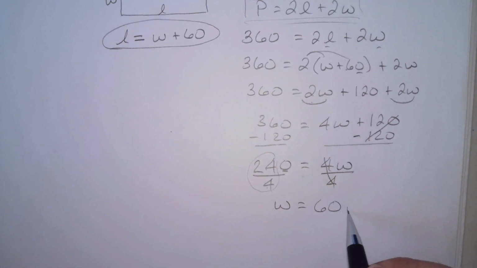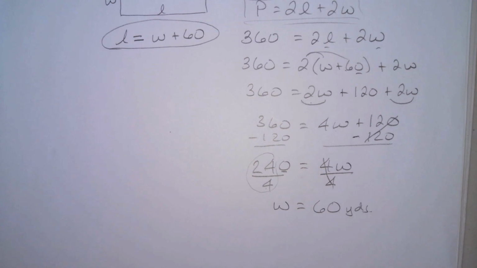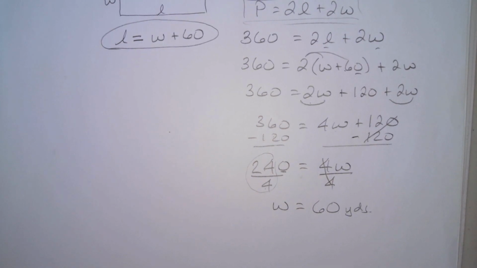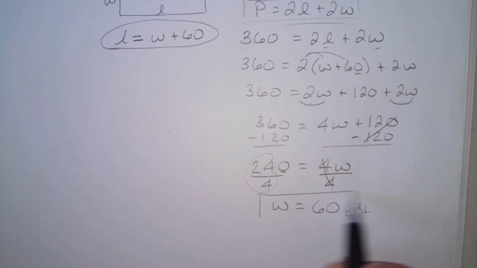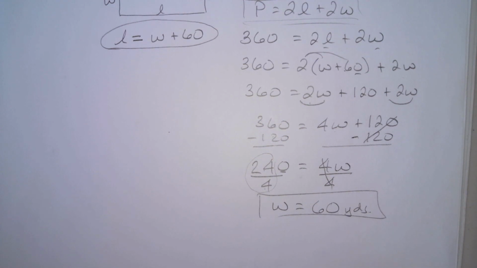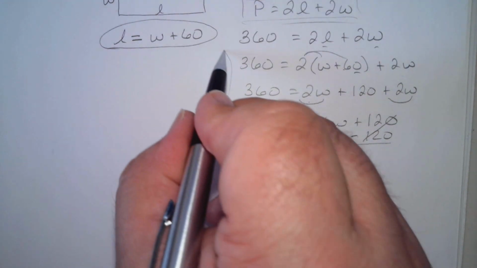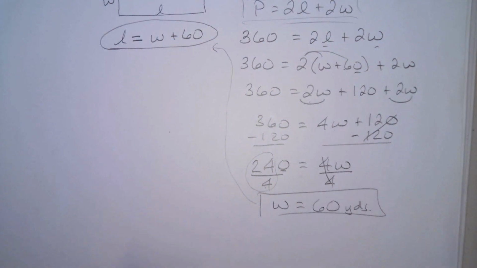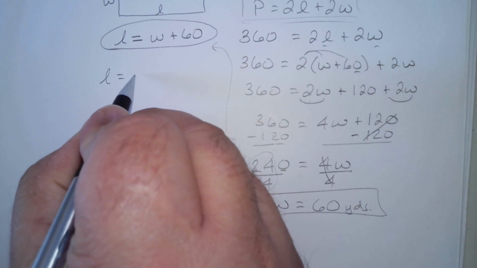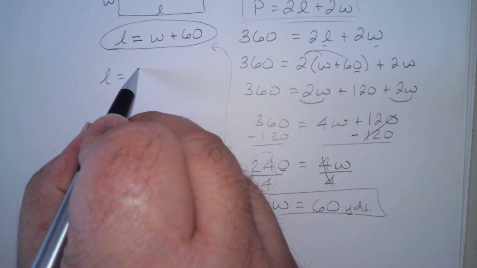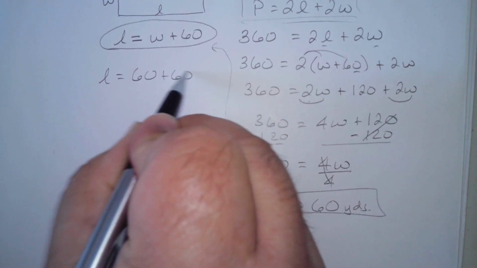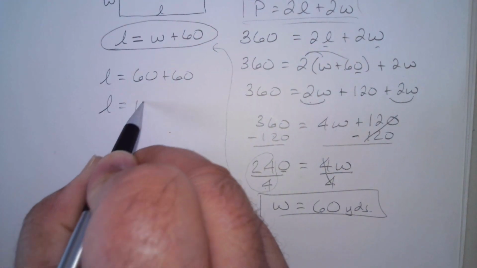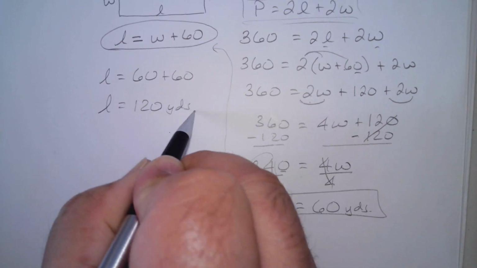So we know the width is 60 yards. And with this, we can find the length by just plugging it in. The length is W plus 60. 60 plus 60 is 120 yards.